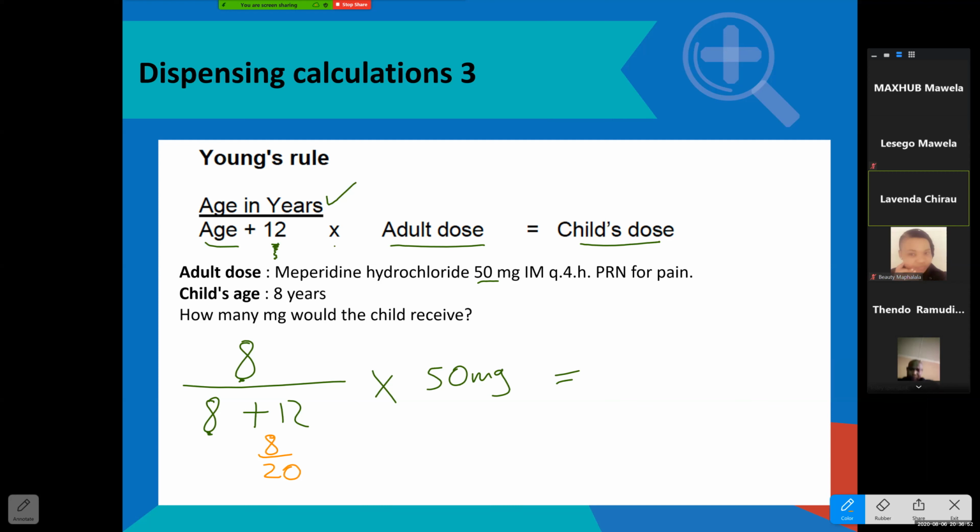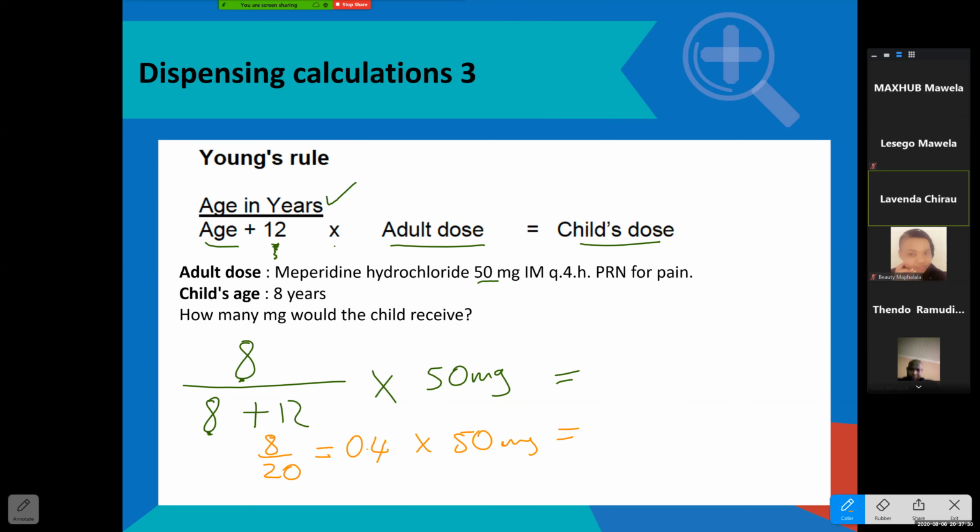And then when you divide 8 by 20, what did you get on your calculator? 8 divided by 20 is 0.4. Then you take this 0.4, you multiply it by 50 milligrams, and what is your answer? 20 milligrams.